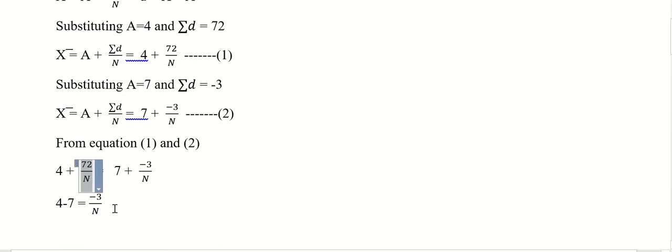So we will just solve it here. 4 minus 7 is minus 3. So minus 3 equals minus 3 minus 72, which is minus 75 by n, right?